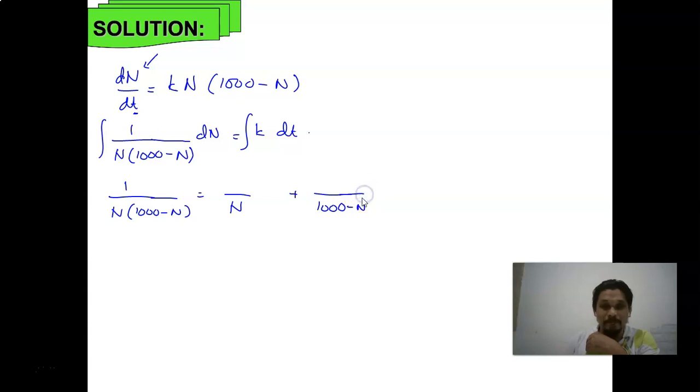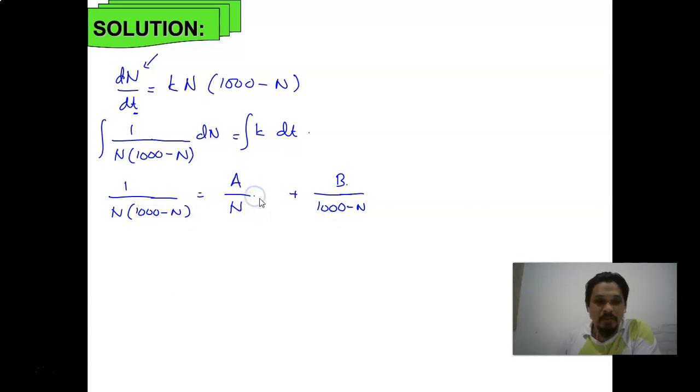Do you still remember this? Good. Now we assume that there is an A and B: A divided by n and B divided by 1000 minus n. We need to find out the value of A and B, but before we compare A and B with 1 here, we need to equalize the denominator of these two with the original expression.